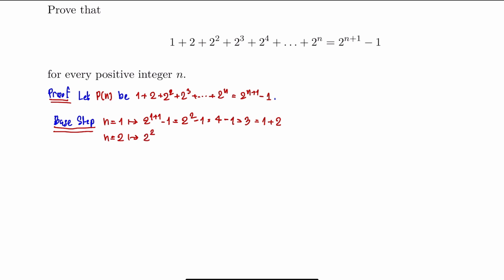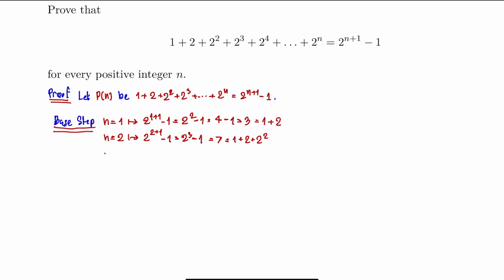We have 2 to the 2 plus 1 minus 1, which is 2 to the 3 minus 1, which is 7. And 7 is equal to the first three terms, which is 1 plus 2 plus 4, 1 plus 2 plus 2 squared.